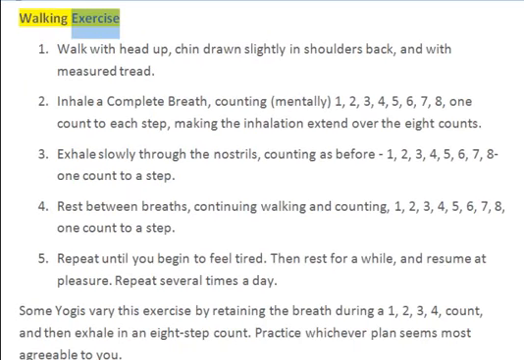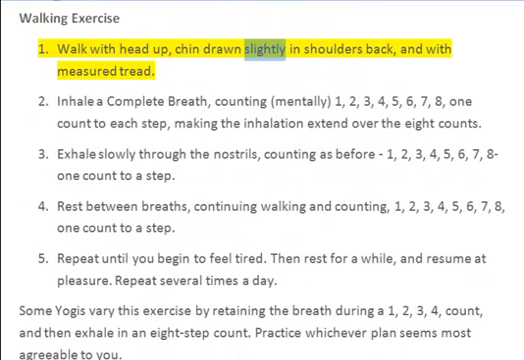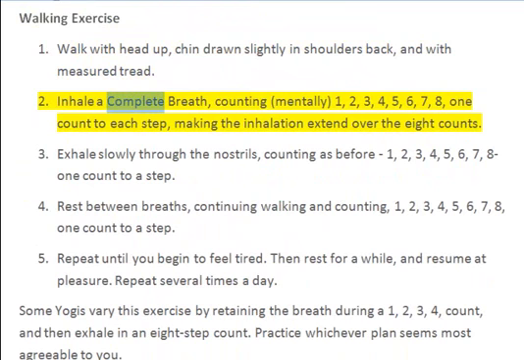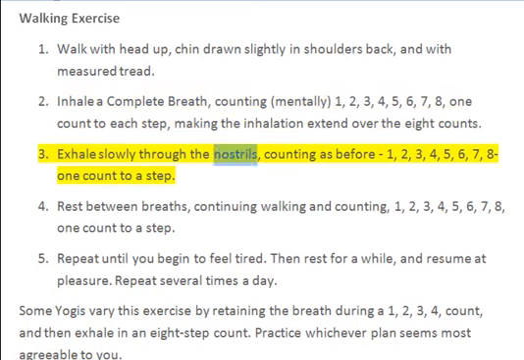Walking exercise. Walk with head up, chin drawn slightly and shoulders back, and with measured tread. Inhale a complete breath, counting mentally 1, 2, 3, 4, 5, 6, 7, 8, one count to each step, making the inhalation extend over the 8 counts. Exhale slowly through the nostrils, counting as before, 1 to 8, one count to a step.